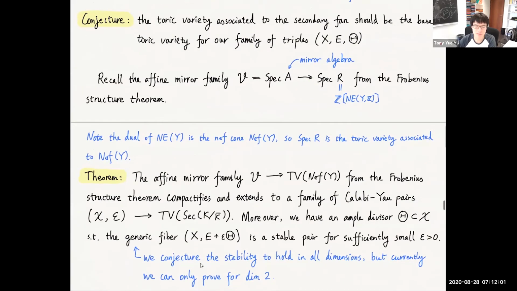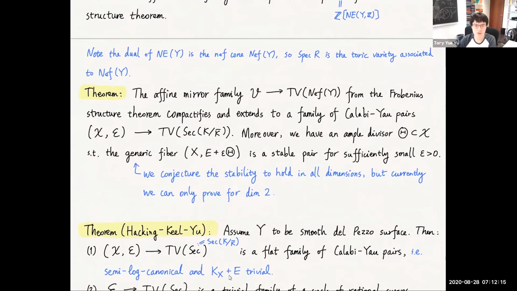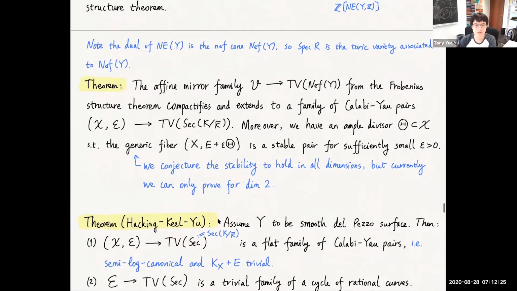But the stability condition is very hard in higher dimensions. In dimension 2, we have much better control on singularities, and we can show much more. For the moment, in higher dimensions, we only have stability for the generic fiber. But in dimension 2, we have more.